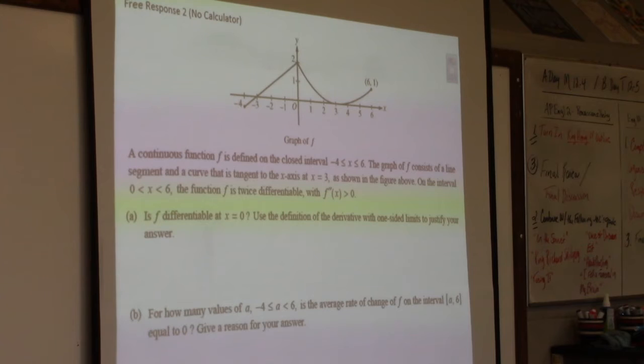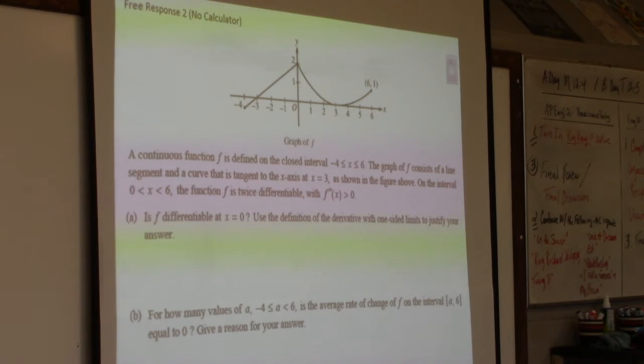Is f differentiable at x equals 0? First of all, answer that question. No. Now, we've got to be able to explain in some way why we know that it's not differentiable at x equals 0. And they specifically give us the way to go. Use the definitions of the derivative with one-sided limits to justify your answer.